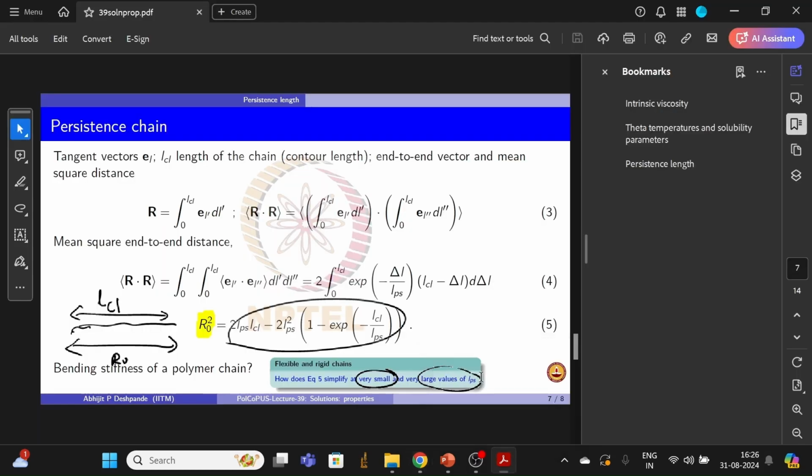You're able to see my screen, right? Yes, ma'am. So your persistence length actually decides the bending stiffness of the polymer, and this is what I was talking about: the correlation between your end-to-end vector and your persistence length and the contour length, right?